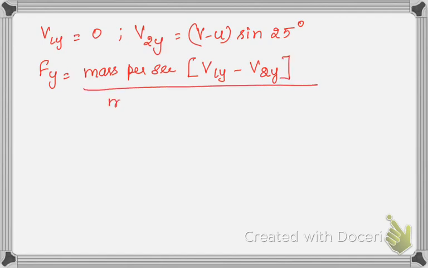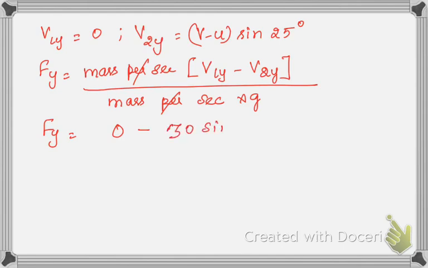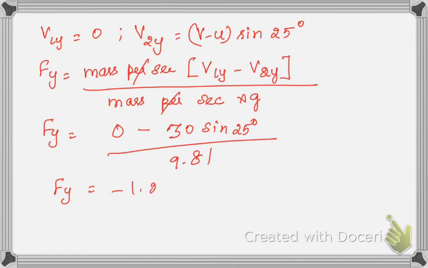Since the problem asks per unit weight of water, we write mass per second into gravity, and it will get cancelled. So my Fy is equal to 0 minus of 30 sine 25 divided by 9.81. So I'll be getting my Fy value as minus 1.292 Newton.